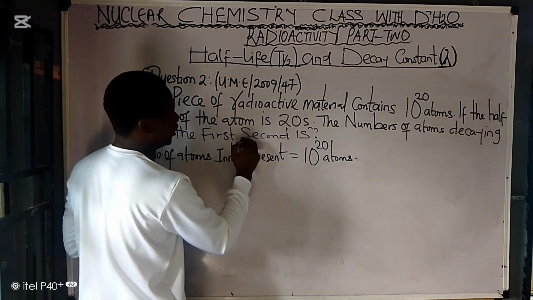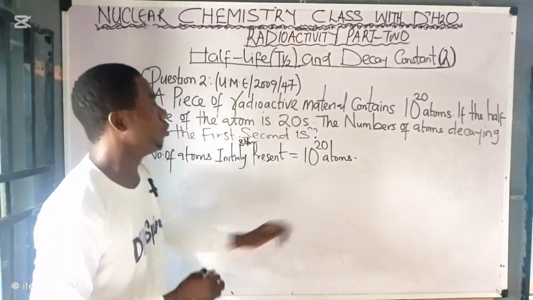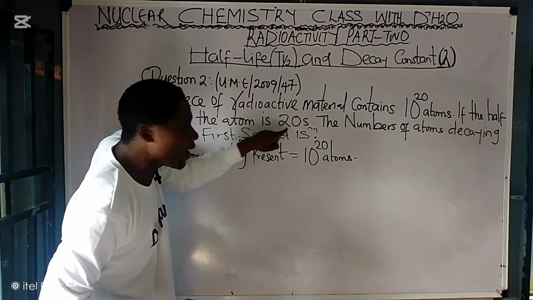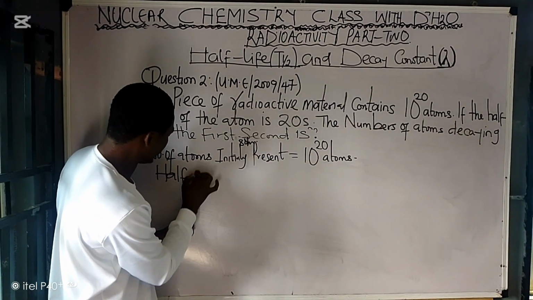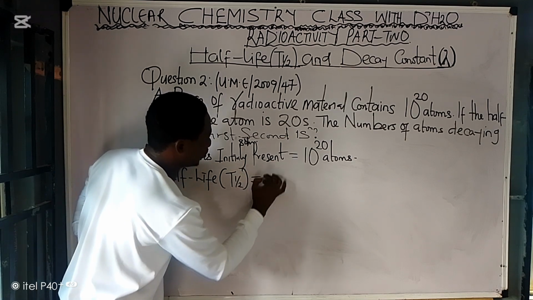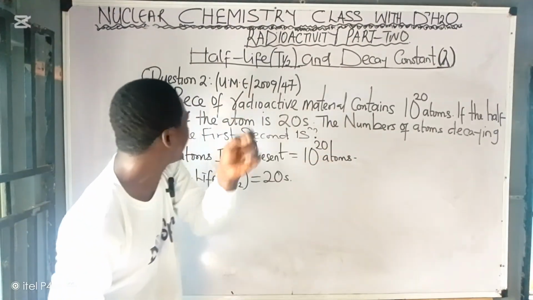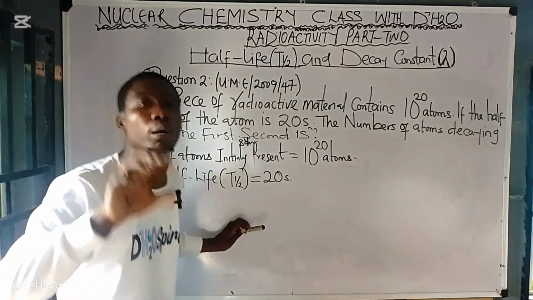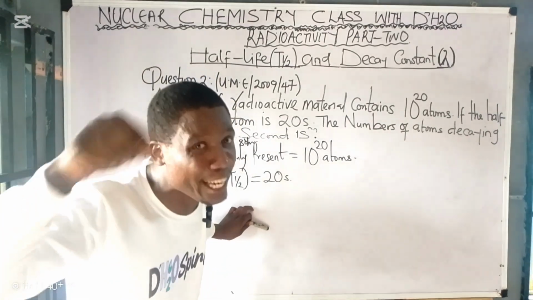Okay, so if the half-life of the atom is 20 seconds, half-life is 20 seconds. Let's look at it carefully. The number of atoms decaying in the first second is what? The number of atoms decaying in the first second simply means number of atoms decaying per second.